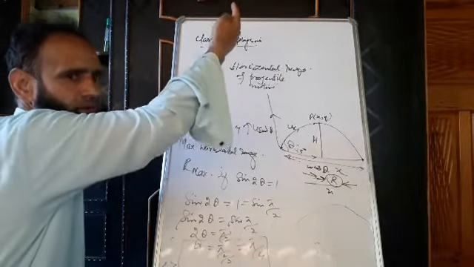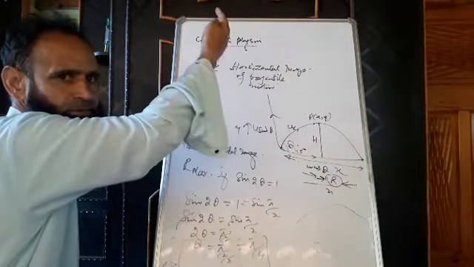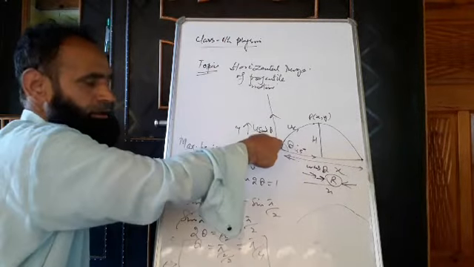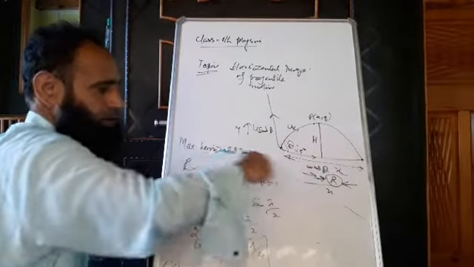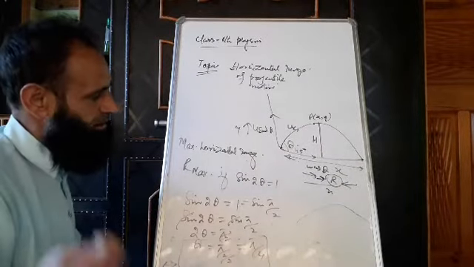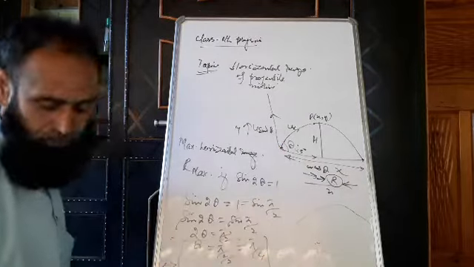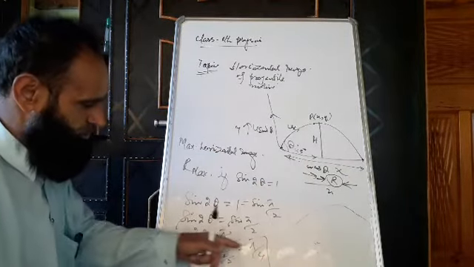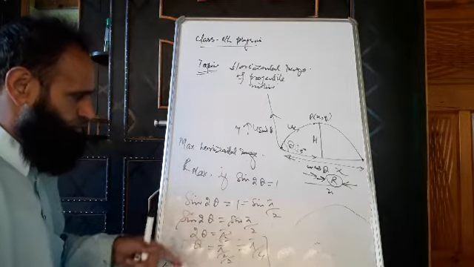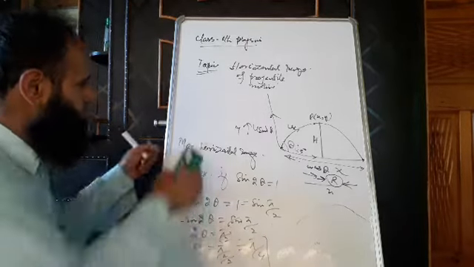It may cover more vertical distance, but it may not cover this horizontal range. It may cover it if and only if we throw it at what angle? An angle of 45 degrees. Theta should be equal to 45, so 2 theta should be equal to pi by 2.